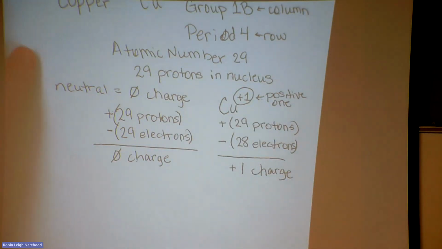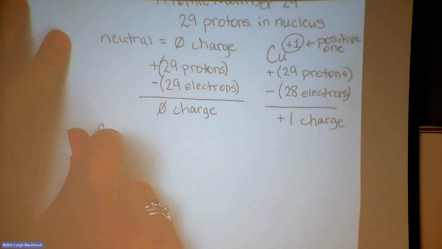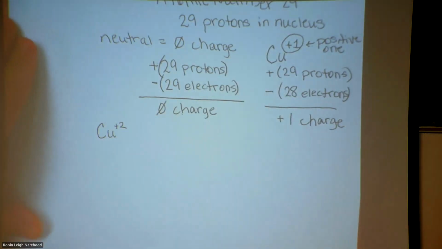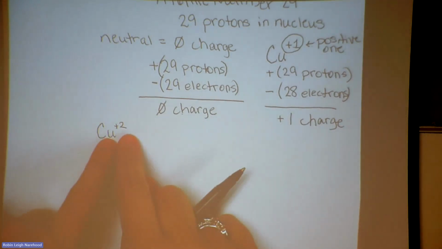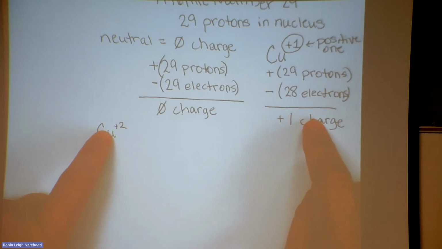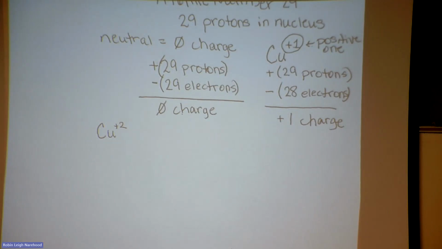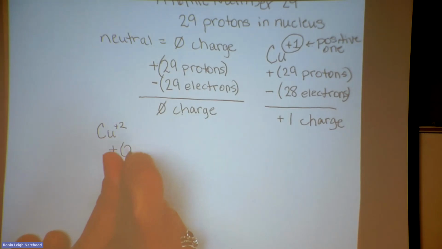Okay. There is another ion of copper that has a positive 2. That is its charge. How is this copper different from that one? It has a different charge because it has a different number of something else. Okay, what do all copper atoms have? 29 protons.